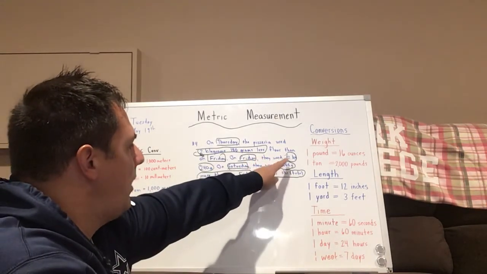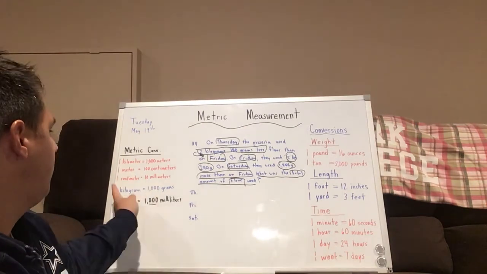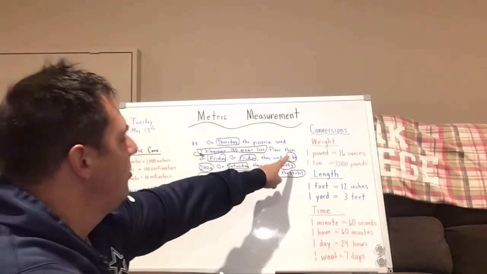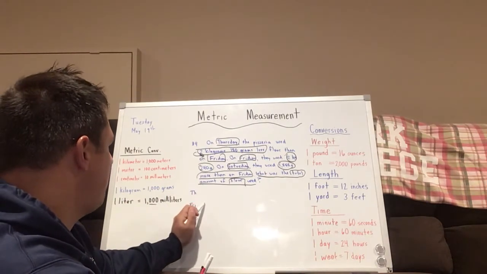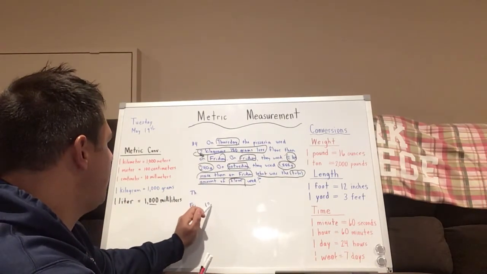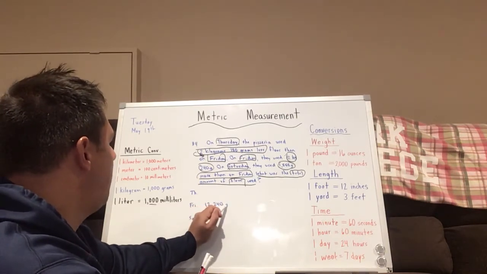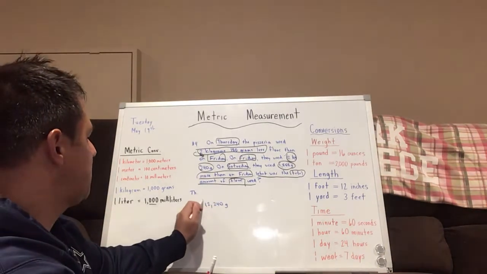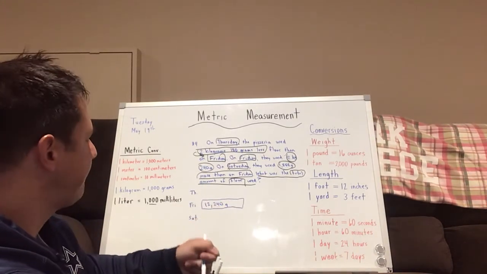Friday's amount was 12 kilograms, and if you think about your conversion, we know that 1 kilogram is 1,000 grams, so that would be 12,000 grams, 240. So I'm just going to combine them right away. So 12,240, and now it's in grams. And that's going to be my starting point. That's the only number that we know right away.